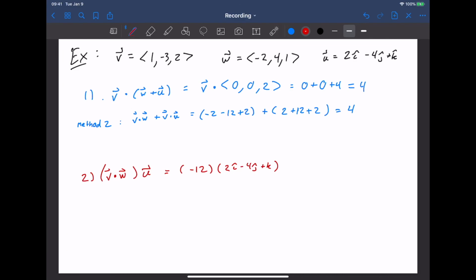So what do you do here? Is it another dot product? No. This is a product of a scalar times a vector. So it's just going to scale up the vector by that number, -12. And that's all there is to it.